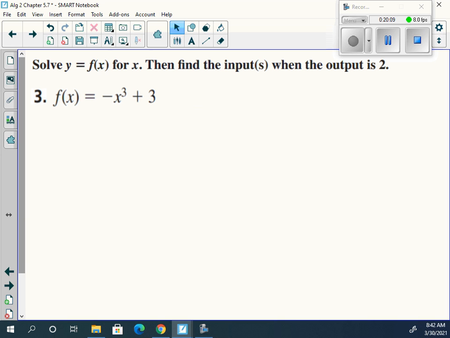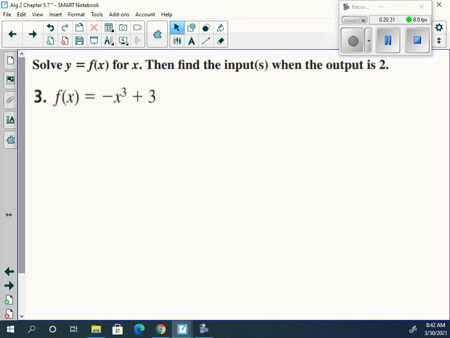Now, I think I'm willing to make the statement that for every cubic that only has x to the third, we don't have x squared, we don't have x, we have x cubed and a number like this here, it will have an inverse. I can say that for certain.